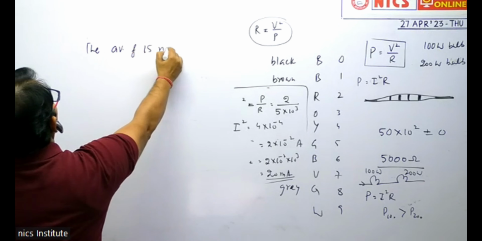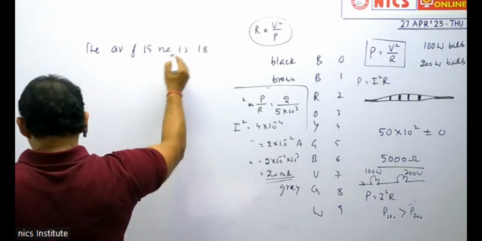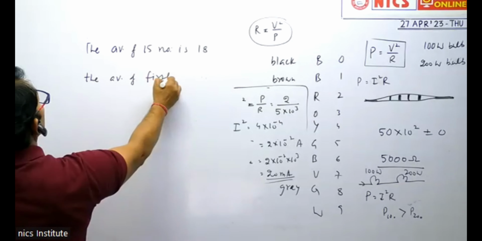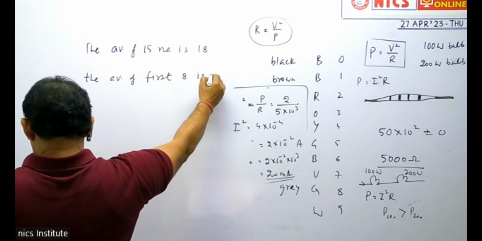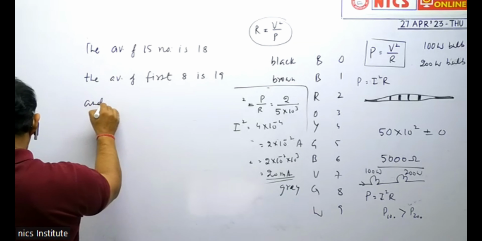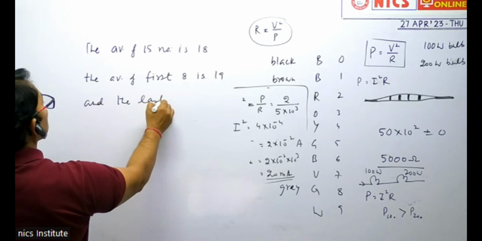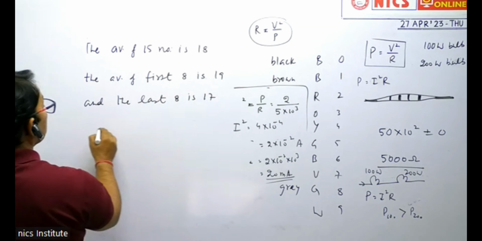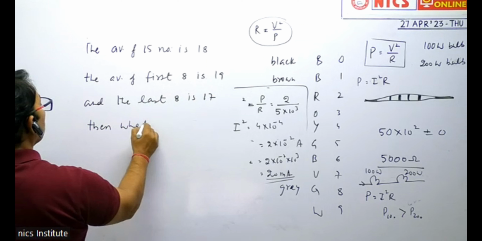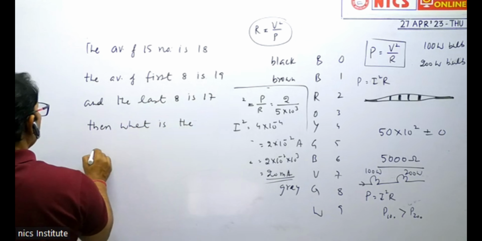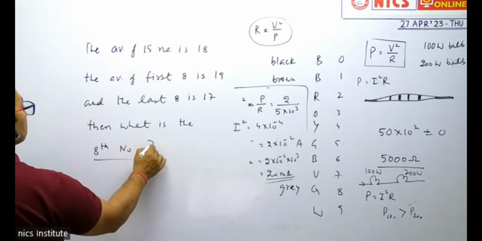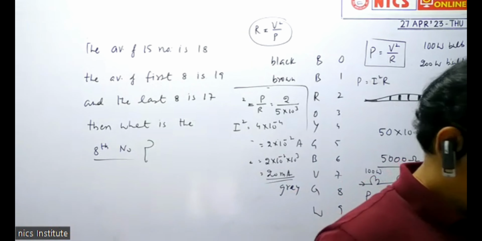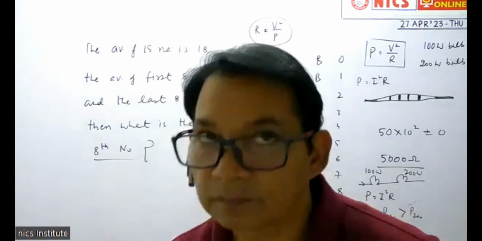The average of the first 8 is 19 and the average of the last 8 is 17. What is the 8th number?